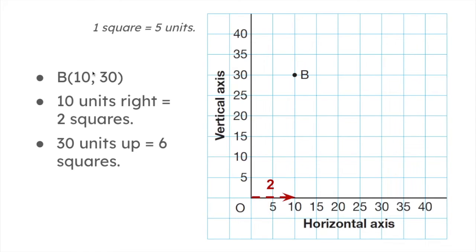And our coordinates, our ordered pair, tells us that we have to be at 10. And then we're going to move 6 squares up, because 6 times 5, and we know our scale is that 1 square equals 5 units. 6 times 5 makes 30. So to get to 30, we move 6 squares up.